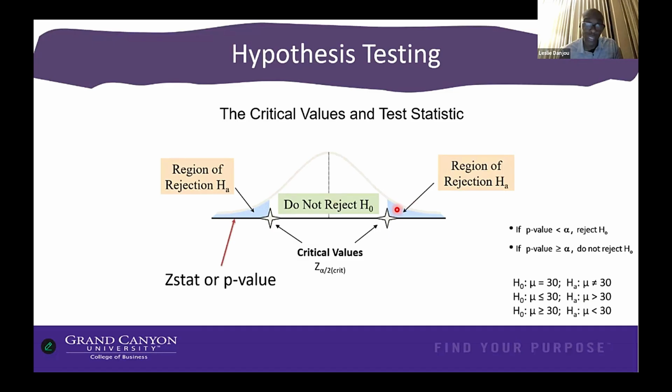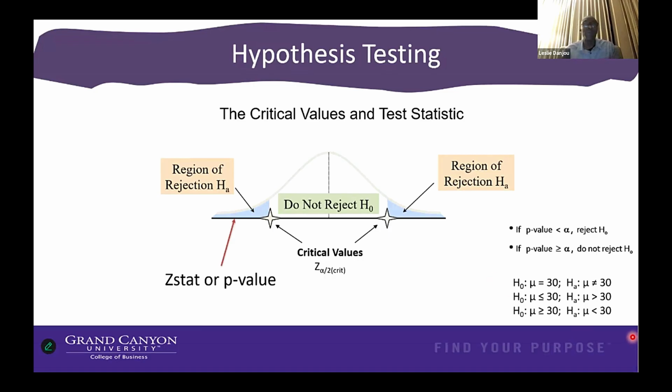How would you know that it's just this outer tip? It will say greater than, or the claim would be it is more than, it is increasing, it is above. That will represent a right-tailed test. If you see less than in the alternative, it would just represent a left-tailed test.